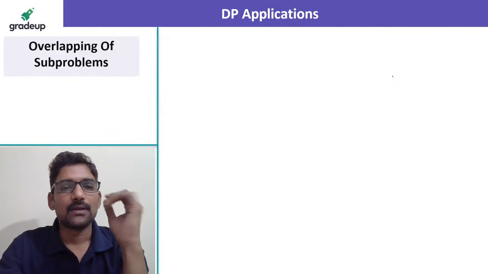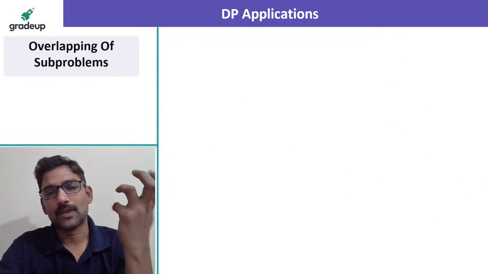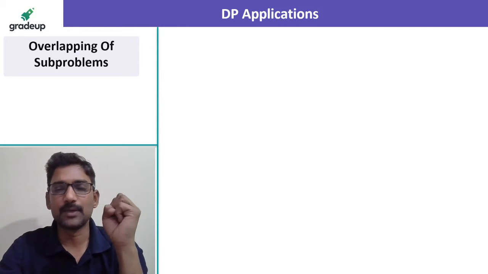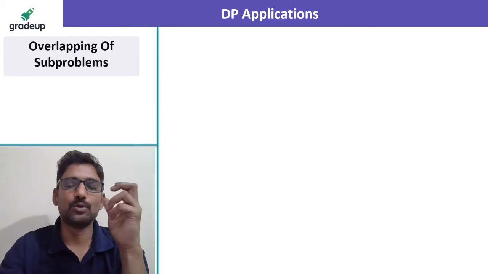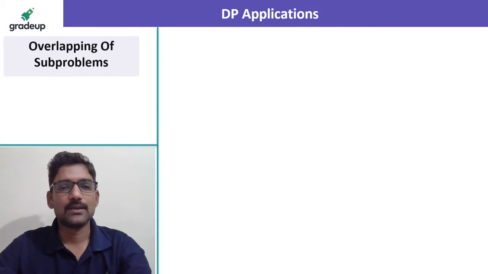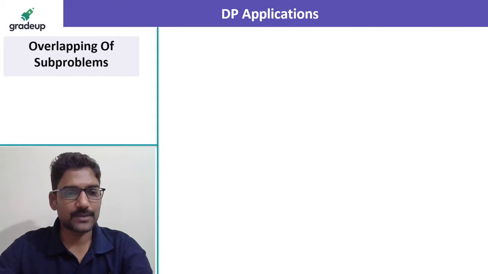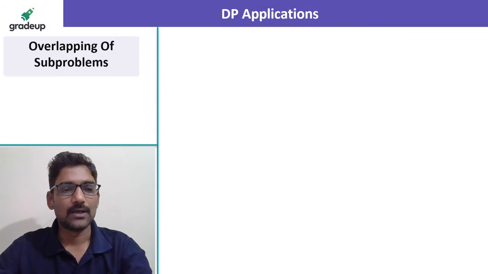Now, if you want to apply the dynamic programming technique on a problem, it should have two properties. One is overlapping of subproblems, the other is the optimal substructure property.